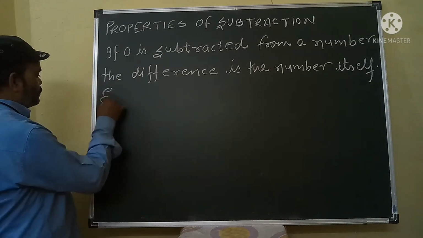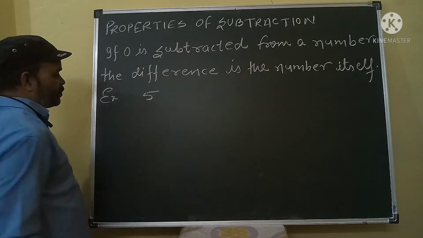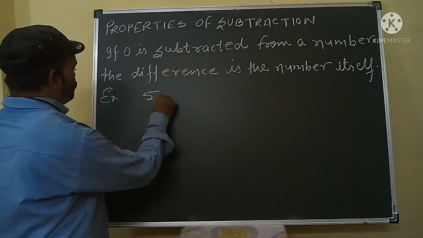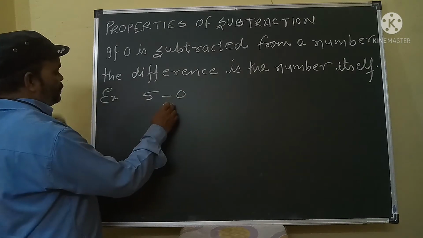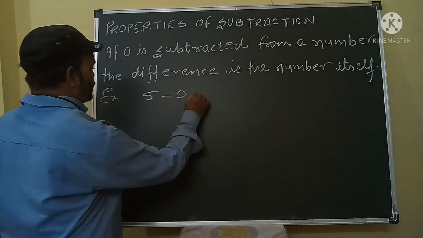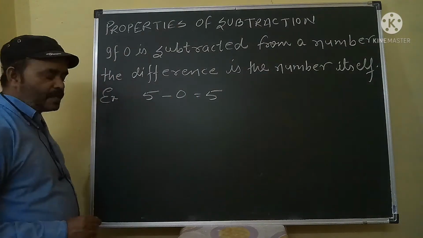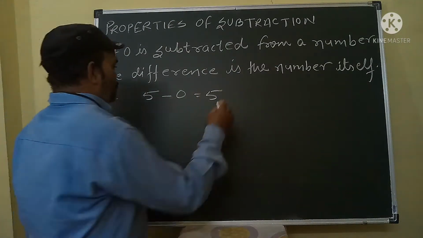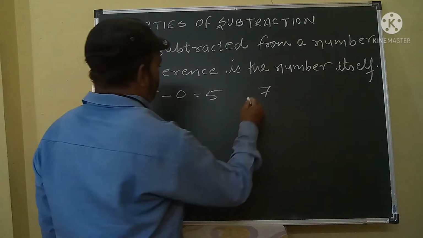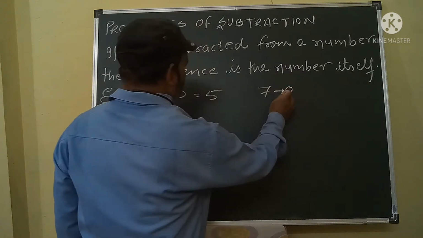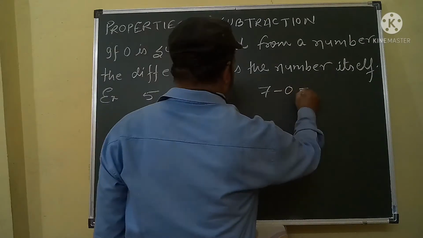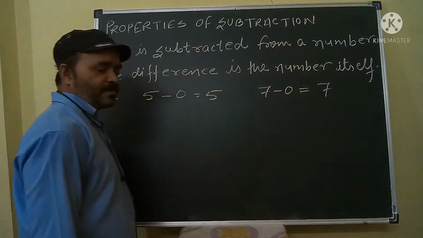For example, suppose this is 5, and you subtract 0 from 5. Then you will get 5. Suppose this is 7. If you subtract 0 from 7, then you will get 7.